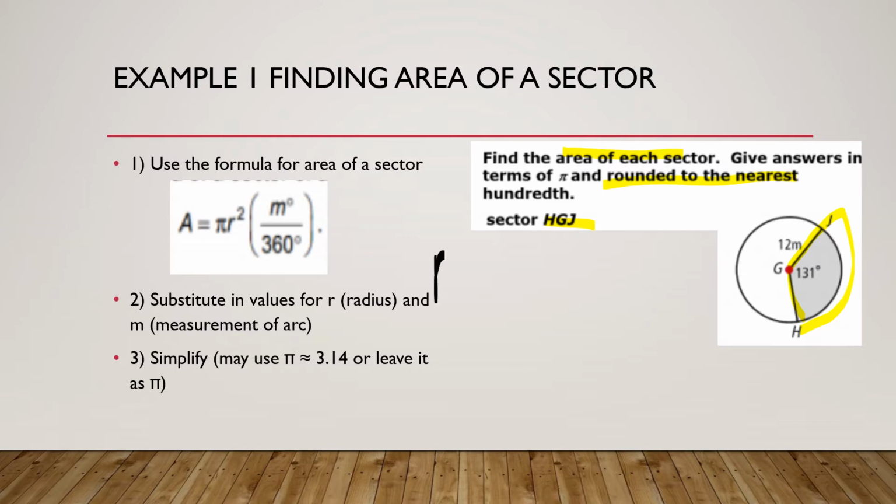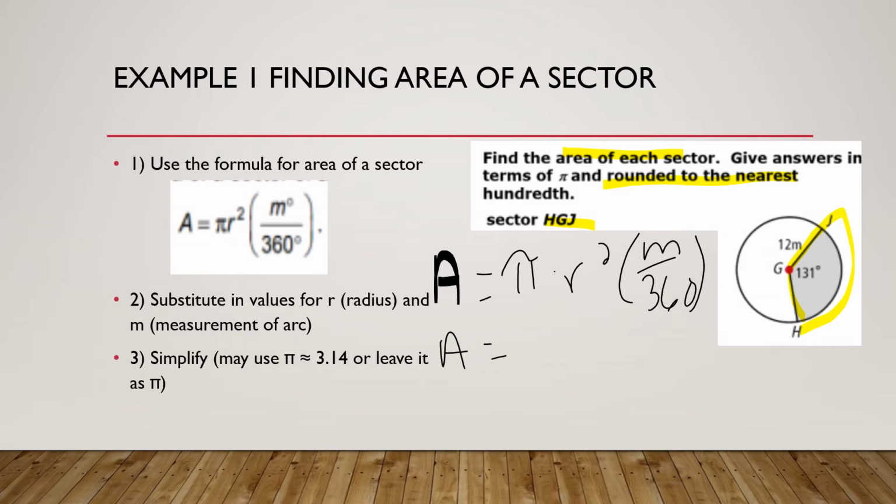Again, first we're going to write down the formula. So area equals pi. Remember, when we're next to it, it means multiply, radius squared times the quantity m divided by 360. We're going to substitute in our values. So we're going to use 3.14 for pi.